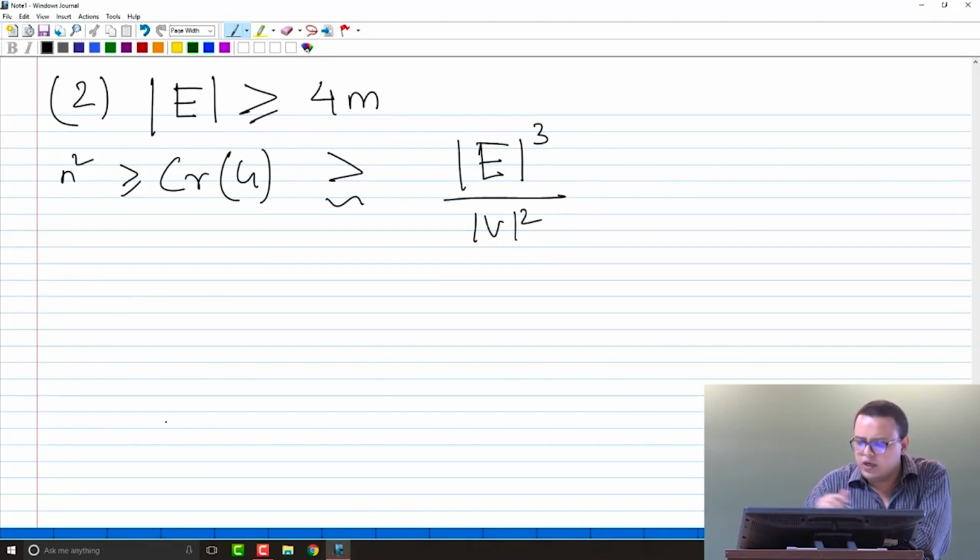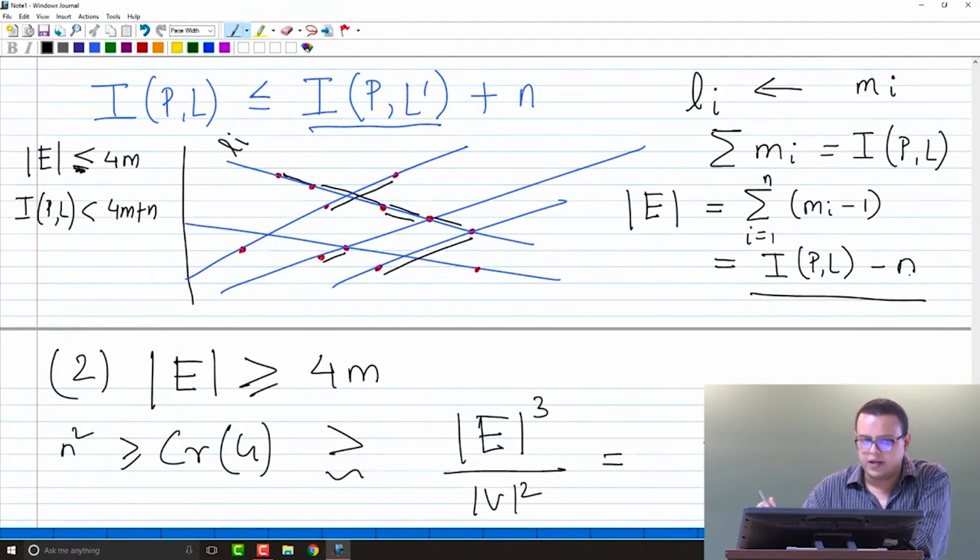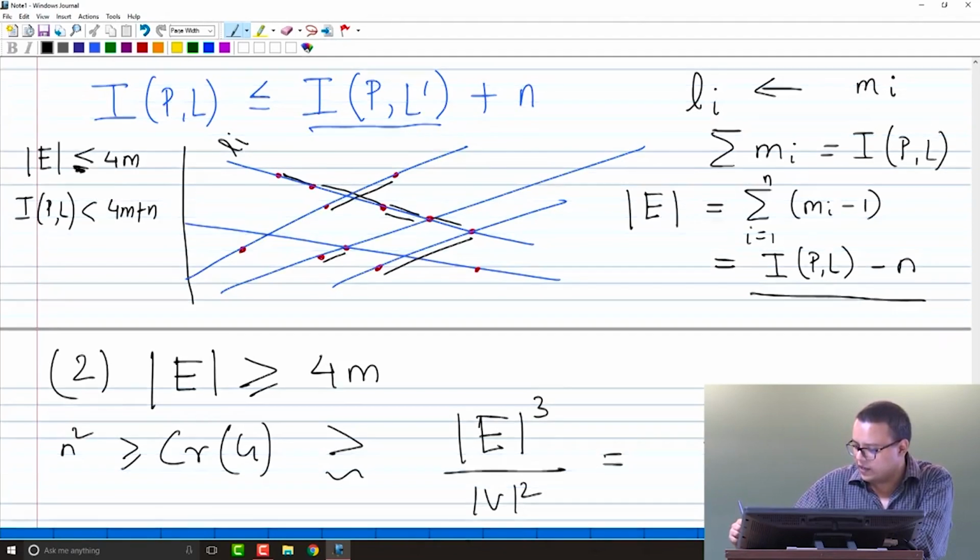E cubed. What is E cubed? The number of edges. What was the number of edges? We will use this one again: I(P, L) minus n. This is exact.